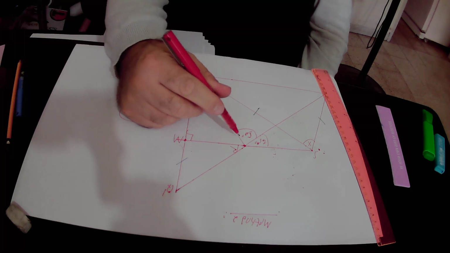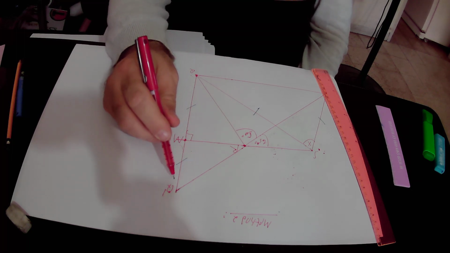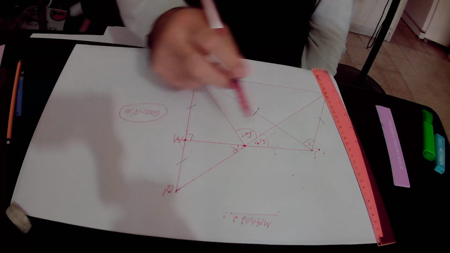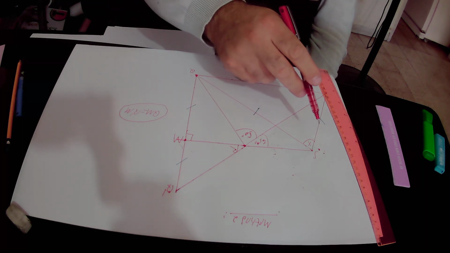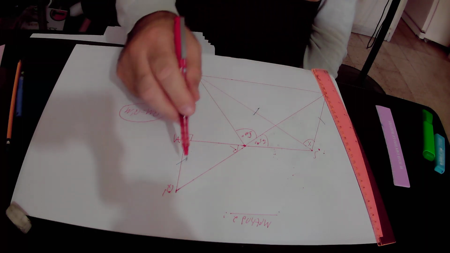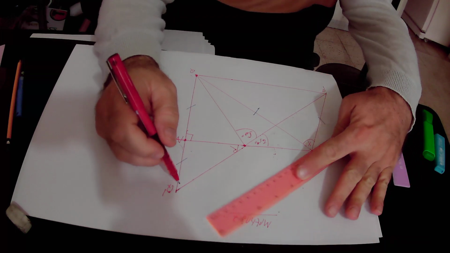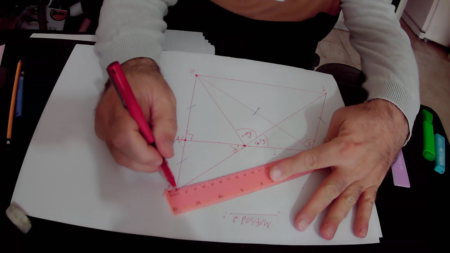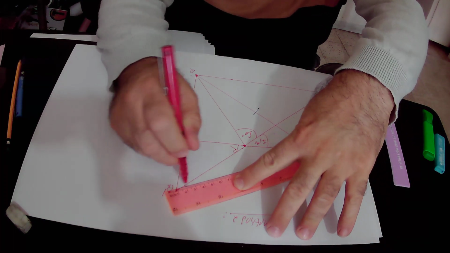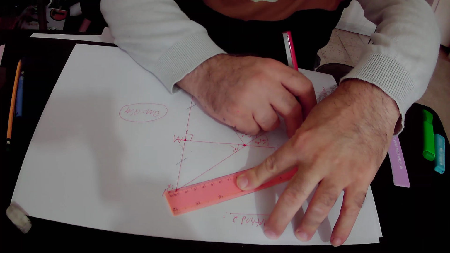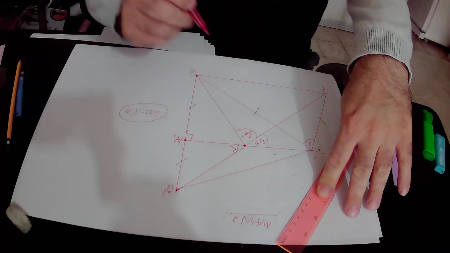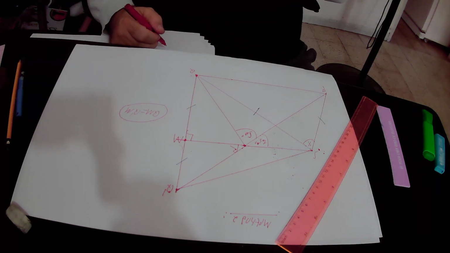Here we join together points R and Q dash by a straight line. And in the next step we will join together points S and Q dash by a straight line.